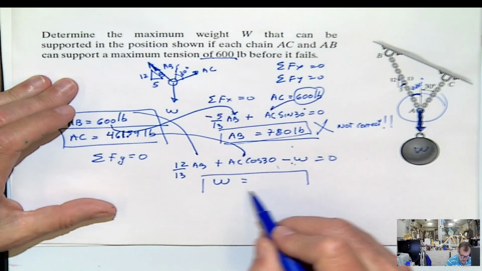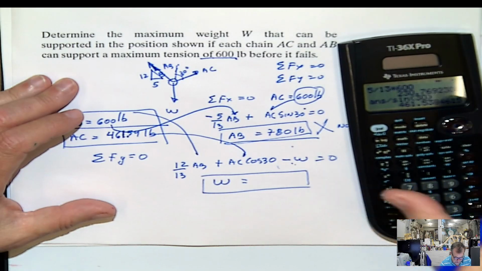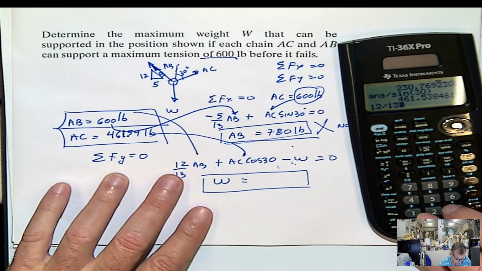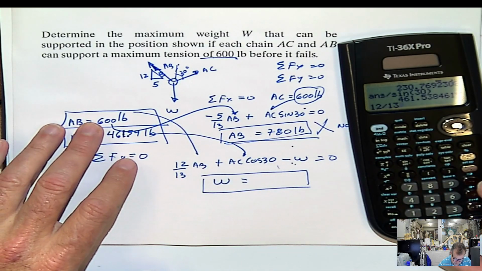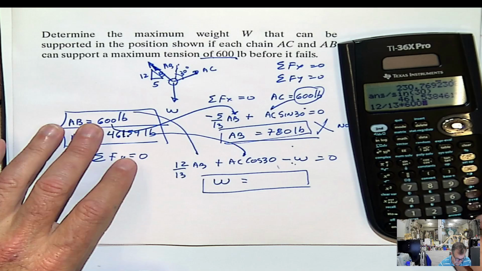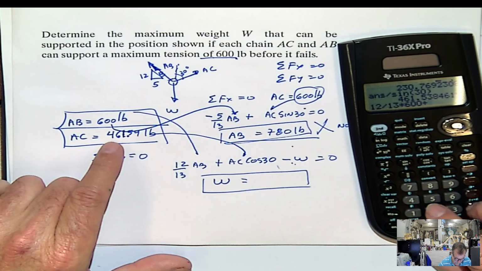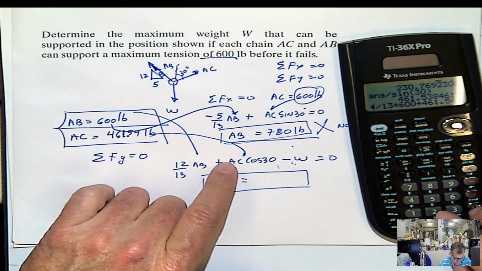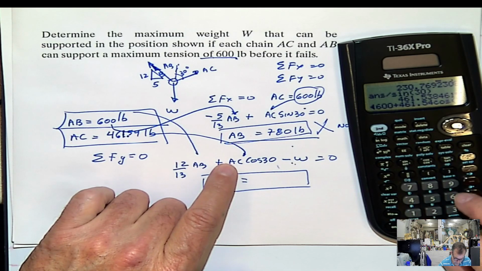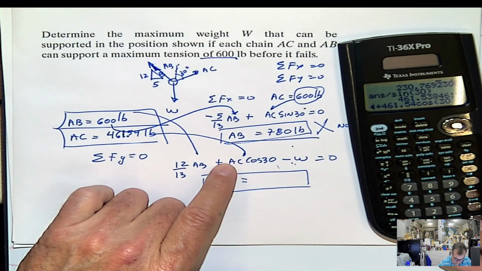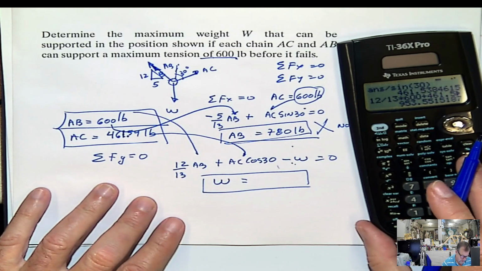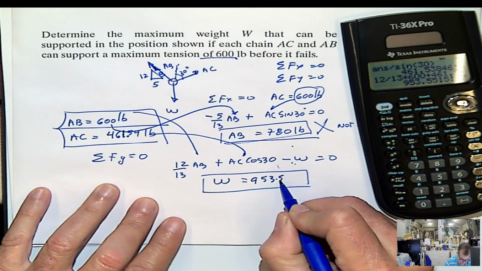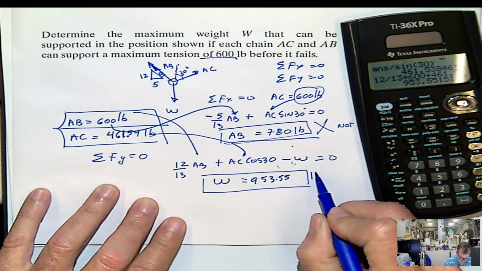So if I do that, we can calculate 12 over 13 multiplied by 600 plus 461.54 cosine 30, and that will give a total weight of 953.55 pounds.